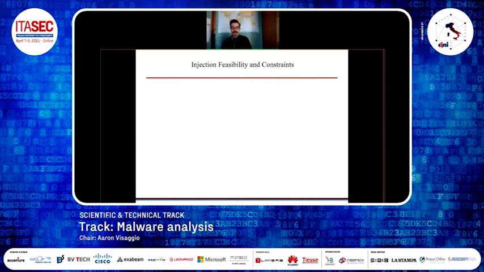So our goal is to evaluate to what extent it is feasible to generate real-world Android adversarial samples. And to do so, the first concern is the inverse feature mapping problem, which consists of moving from a manipulated feature vector to a real-world sample.